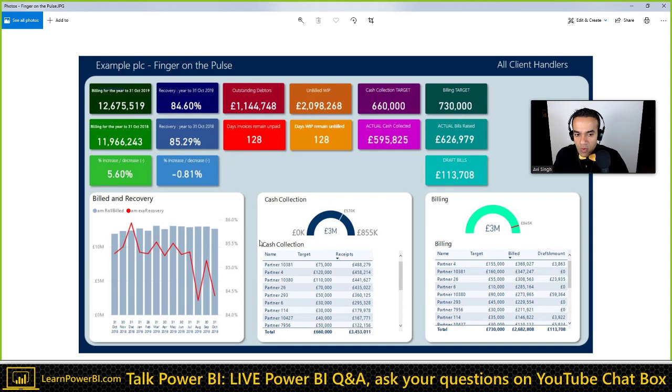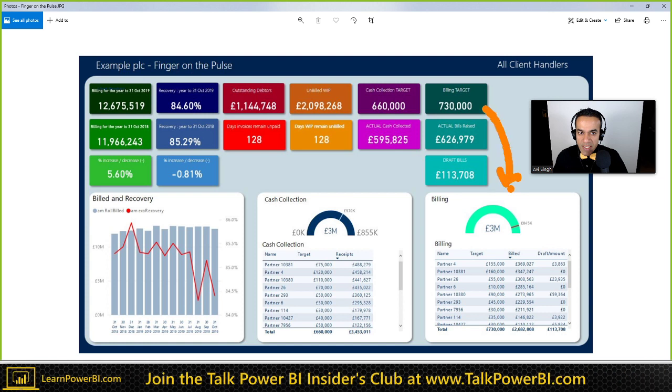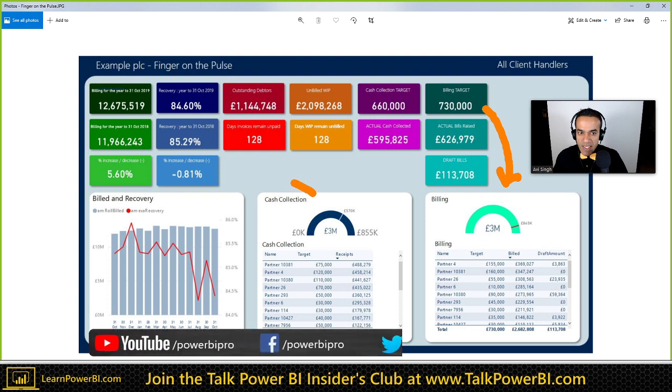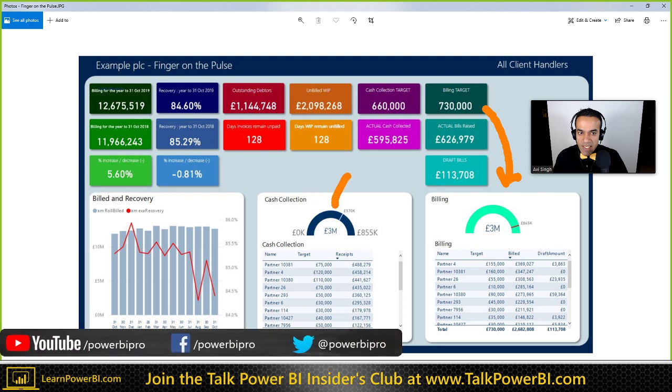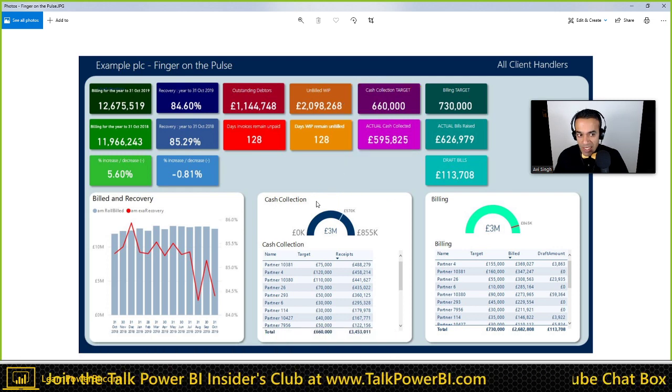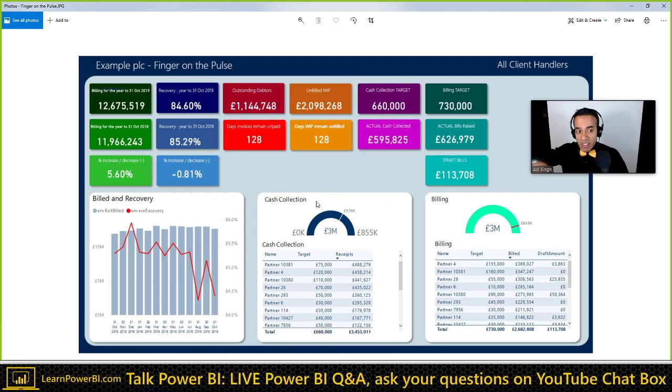We can see that billing has this, and again, we talked about intensity, but billing is connected here. Cash collection is blue, which is actually not connected through color. I expected this to be this color. So it's inconsistent, which is surprising because it's so well built.